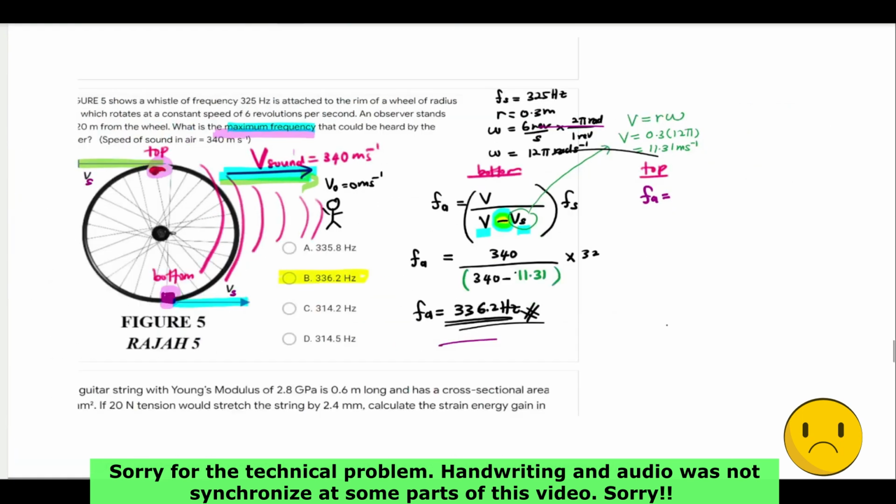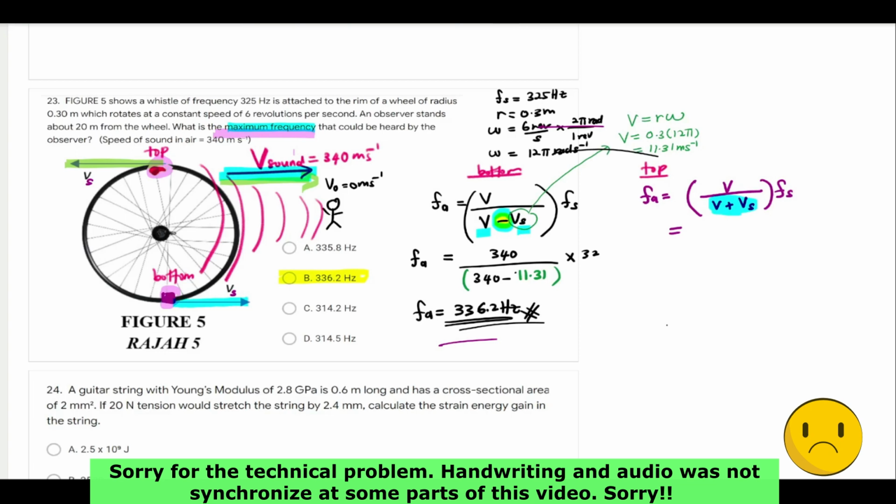Okay, so when the whistle is at the top of the rim, so it's equal to V over V plus Vs. Ikut logiknya, kalau kita bagikan dengan nombor yang besar bawah ni, mestilah dapat kecil. Okay, awak cuba kira lah ni, berapa you dapat. Plus 11.31.